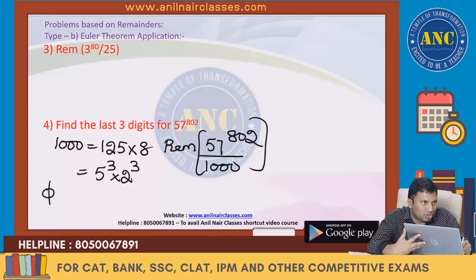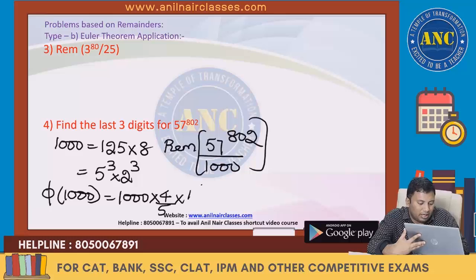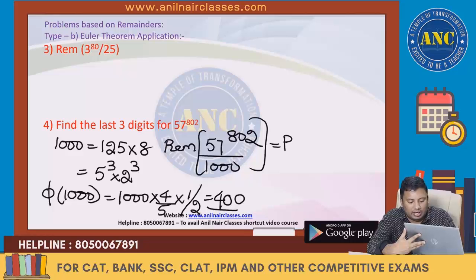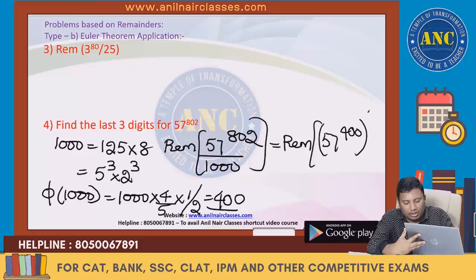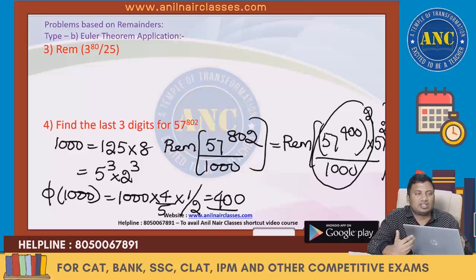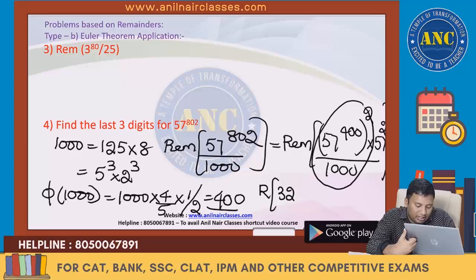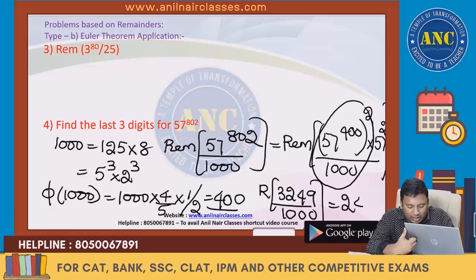The quotient function of 1000 is n into 1 minus 1 by a: 1000 into 4 by 5 into 1 minus 1 by 2, which is nothing but 400. So, here it is remainder of 57 power 400 power 2 into 57 square divided by 1000. So, this is 1. 57 square is 3249. 3249 divided by 1000, 1000 3s are 3000. Remainder is 249.